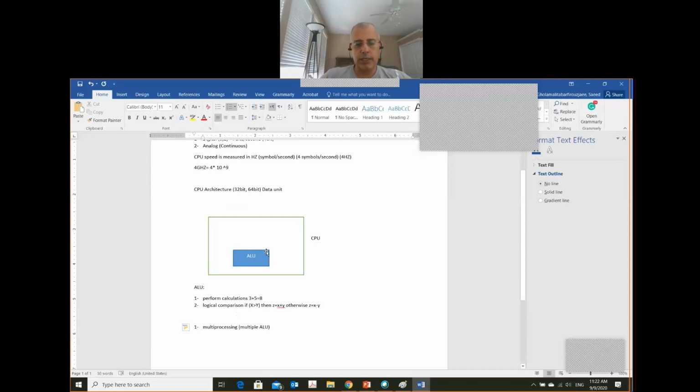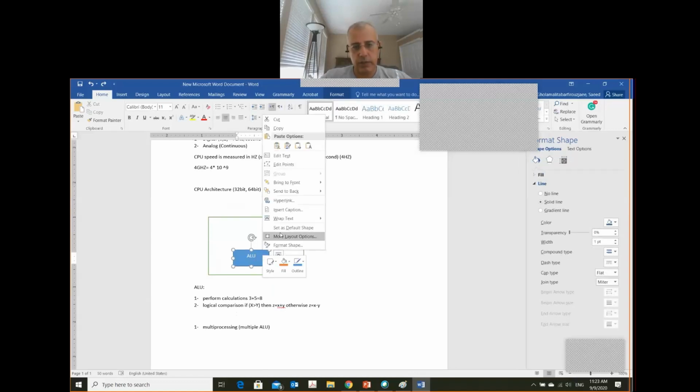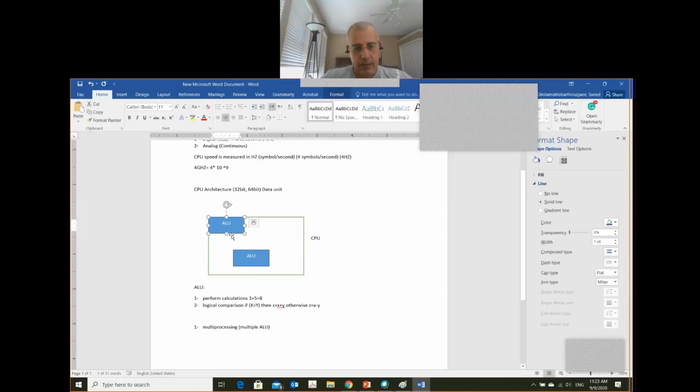Instead of just one ALU, we can define two. This CPU can perform 2 instructions at a time.